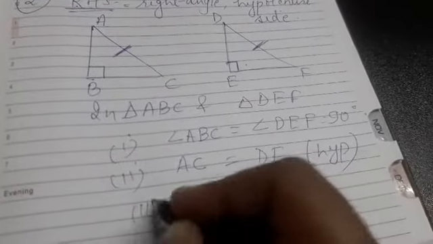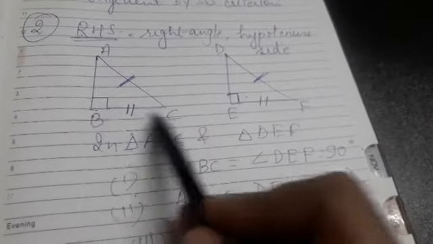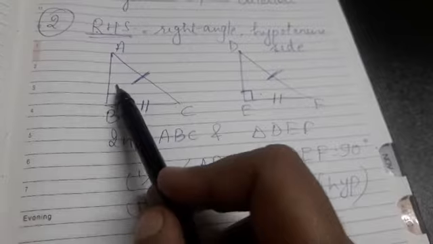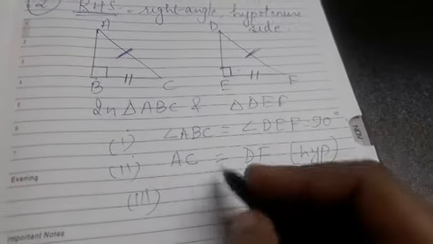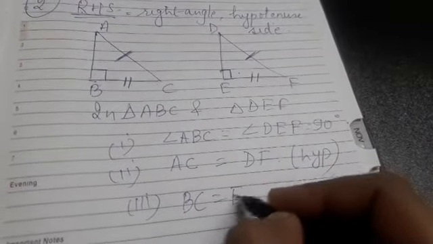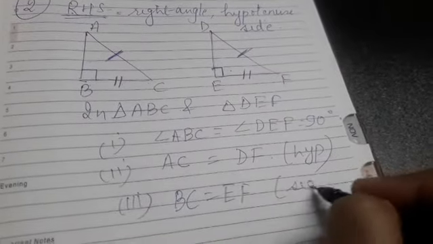And the third side is, suppose I have BC equal to EF. Now it can be this side also, it can be perpendicular also. But in this case, suppose I take BC is equal to EF. I will write here side.